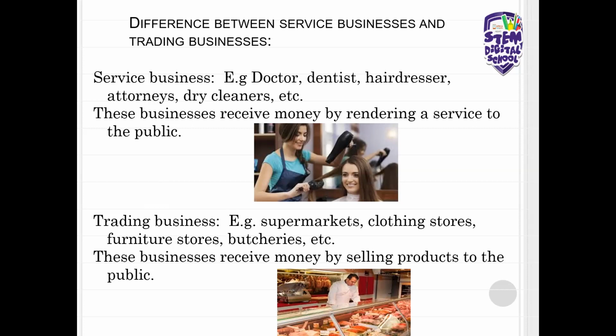Right, so again, very important, note the difference between service businesses and trading businesses with at least 2 examples with each one. Service businesses is about rendering a service to the public, like your doctor, dentist, hairdresser, and the trading business is about selling products to the public, like your supermarkets, clothing stores, furniture stores, etc.